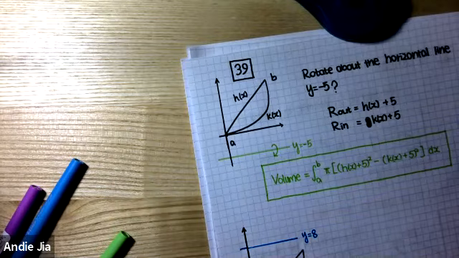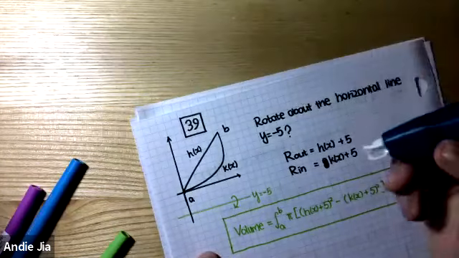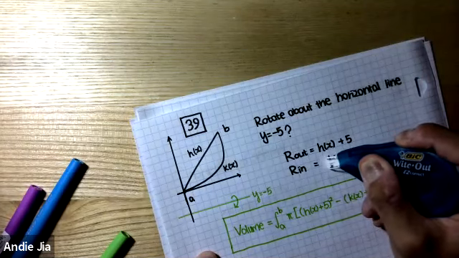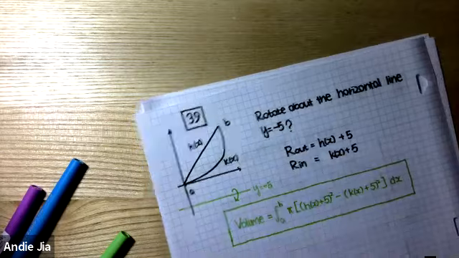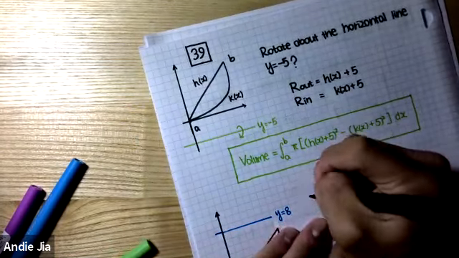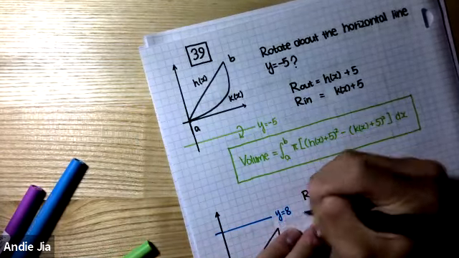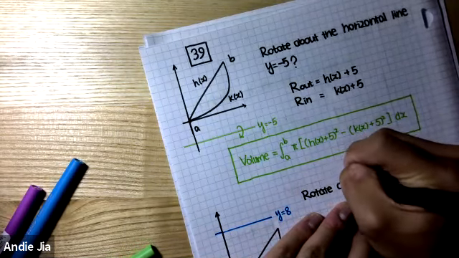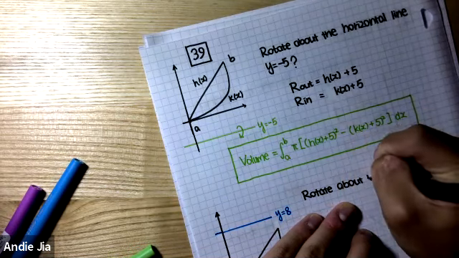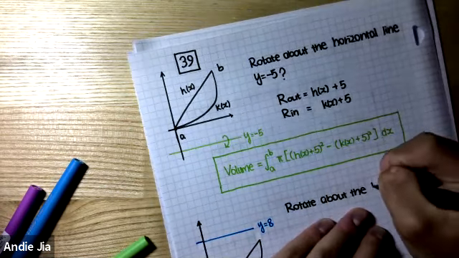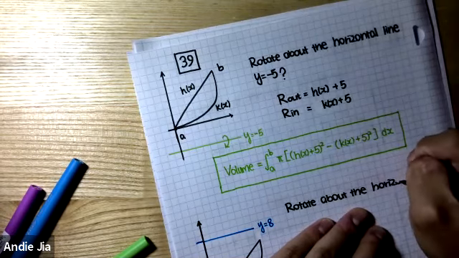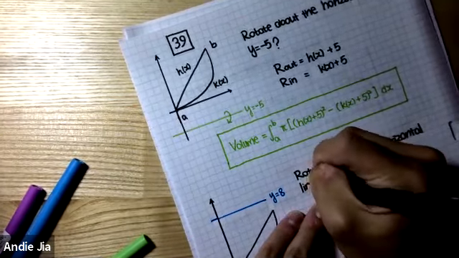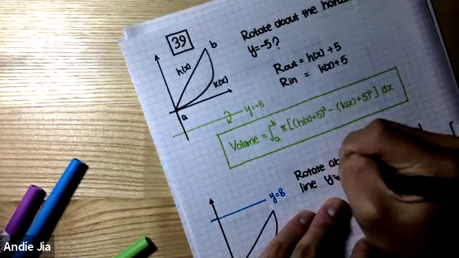So what is the volume of the solid rotated about the horizontal line y equals 8?